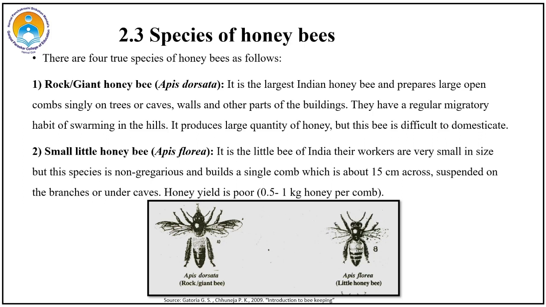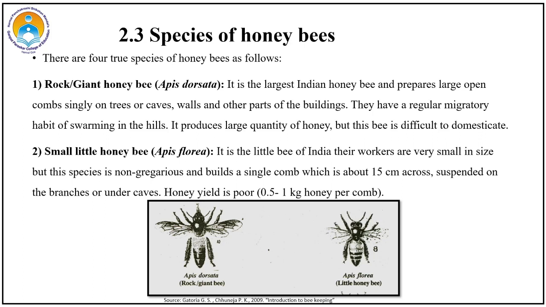The scientific name of this bee is Apis dorsata. It is the largest Indian honeybee and prepares large open combs singly on trees or caves, walls and other parts of the buildings. They have a regular migratory habit of swarming in the hills. It produces large quantity of honey, but this bee is difficult to domesticate.